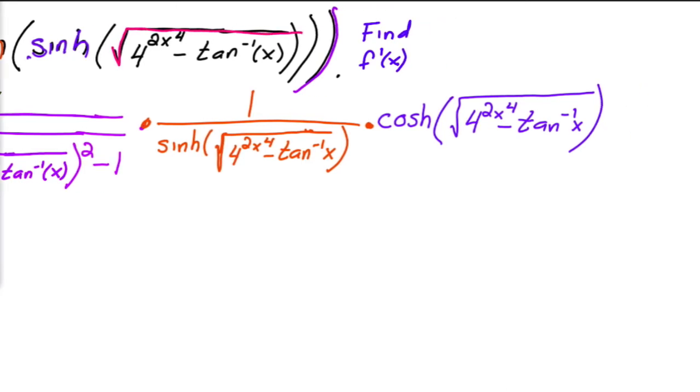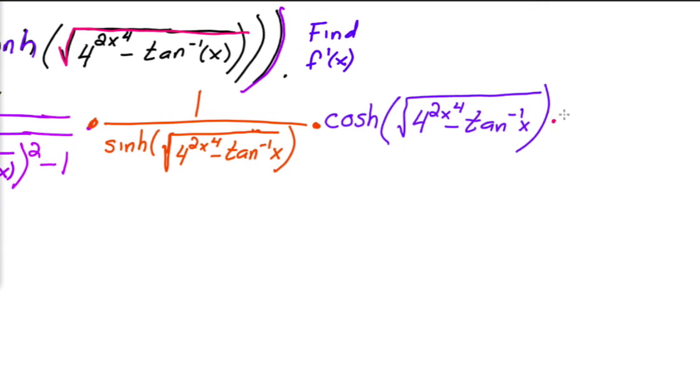So the derivative of that is 1 over 2 square root of the inside, leaving it alone, 4 to the 2x to the 4th minus inverse tangent.